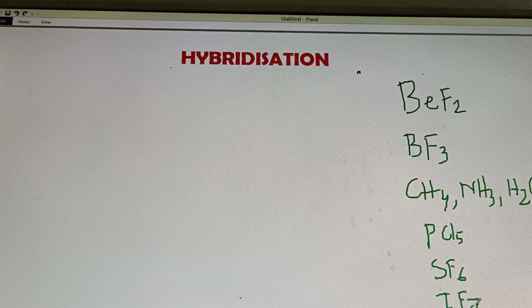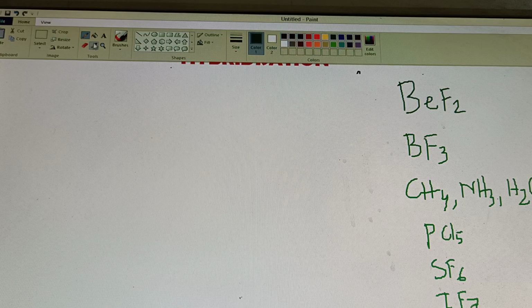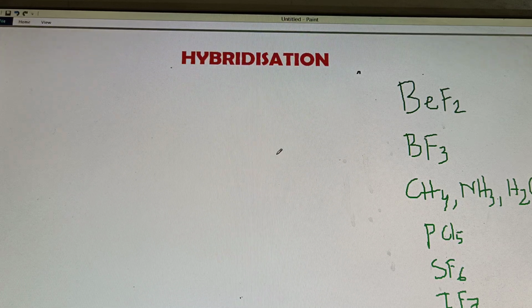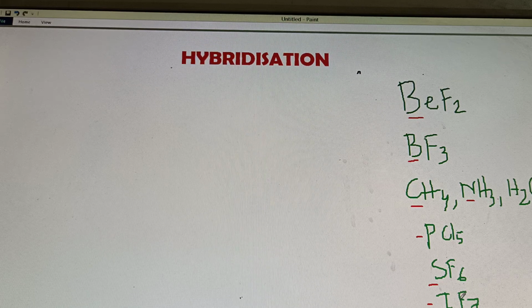We want to know the hybridization of the central atom. At first we have to find the central atom: beryllium, boron, carbon, nitrogen, oxygen, phosphorus, sulfur, iodine.